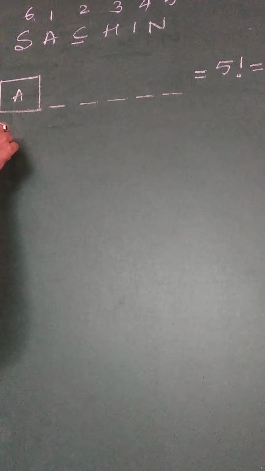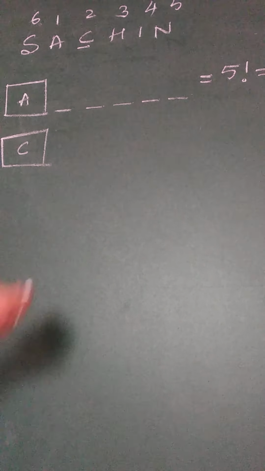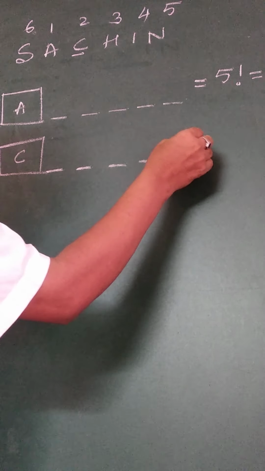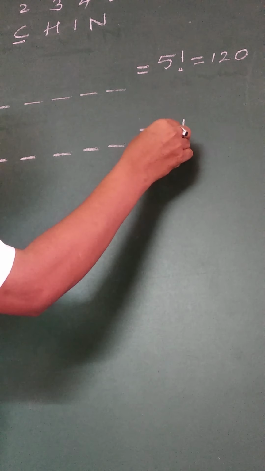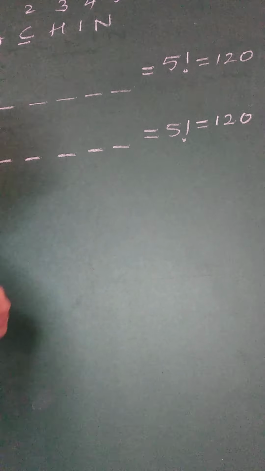So now I go for the next session, which begins with C. Keeping C in the first position, there are 5 more letters. Similarly, we can arrange these 5 letters again in 5 factorial ways, which equals 120.